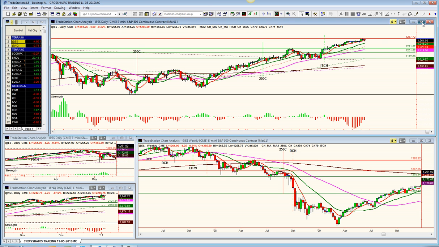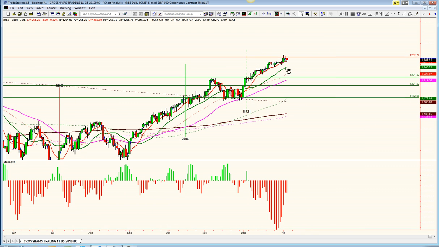So we go to our daily chart. Here's the area right here. What I want to see is I want the market to tell me, is this area a place of strong resistance to make the market move back down, or is this an area that we're just going to hold until there's a decision made by the bulls or the bears to either keep it going or reverse it?